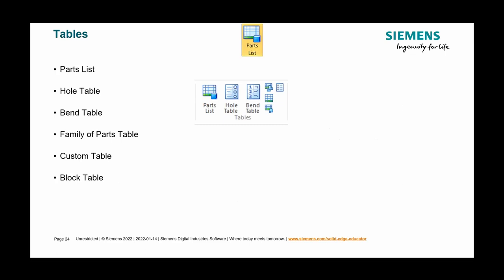So meaning that you don't have to manually type in, okay, this is part 1, part 2, part 3. When you place a parts list, it automatically generates that. So you don't have to do anything, simply just place the parts list or a holes table or a bend table.